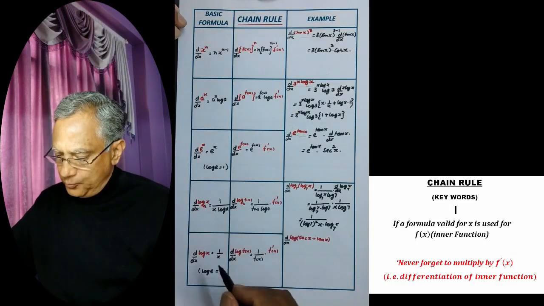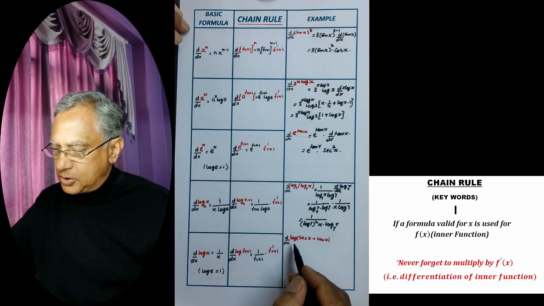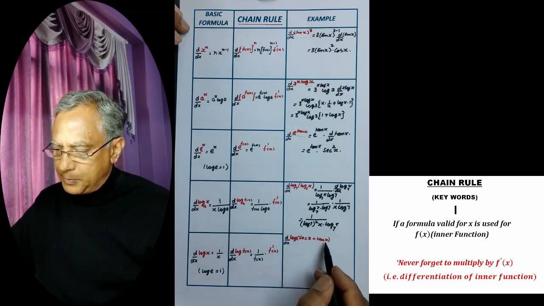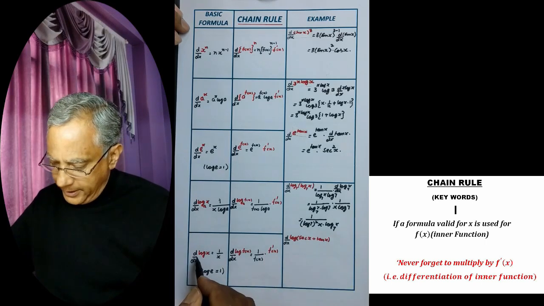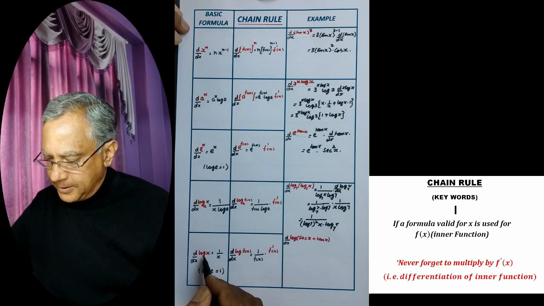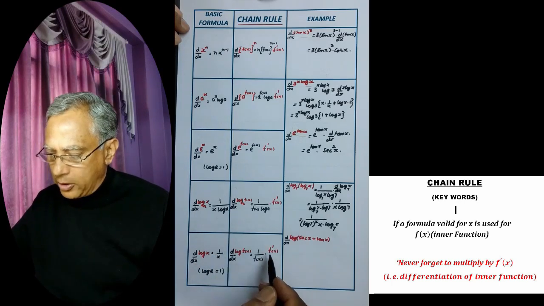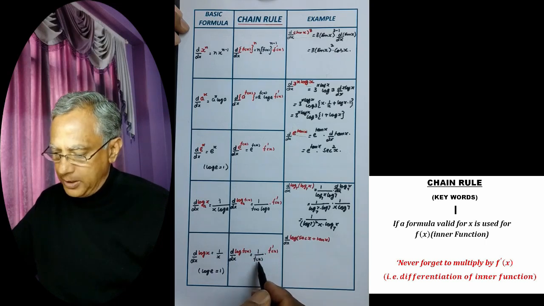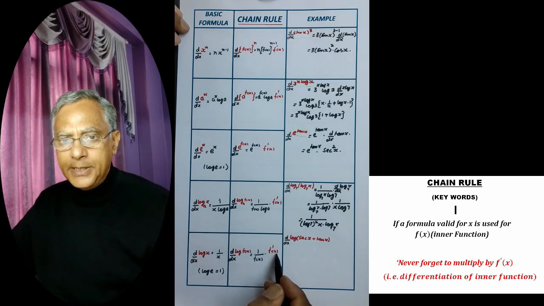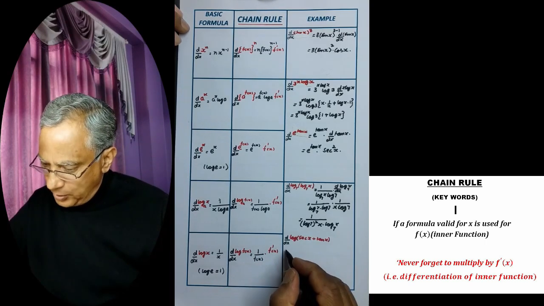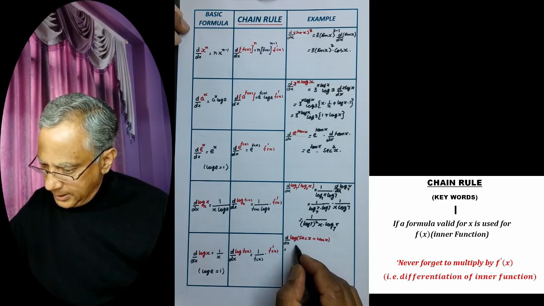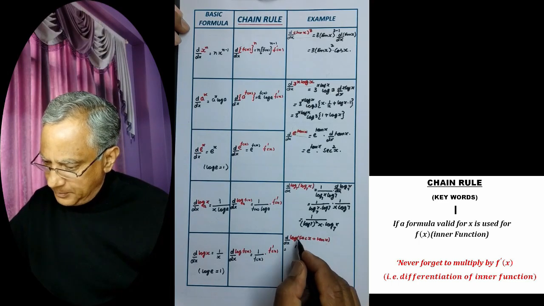Now next is d by dx of log of secant x plus tangent x. d by dx of log fx will be 1 by fx, and never forget to multiply by f dash x. So this will be equal to 1 upon fx, and fx is this much.